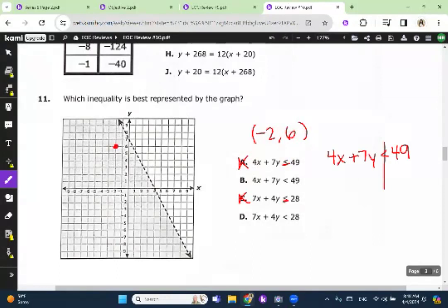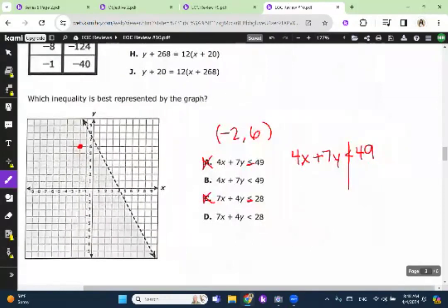All right, let's solve it. When you solve, what's the first thing that you move? X. So minus 4x, 7y. Sometimes them calculator tricks just don't work.